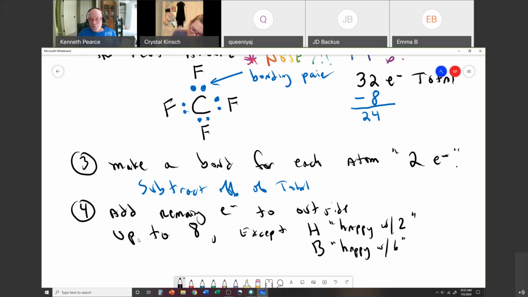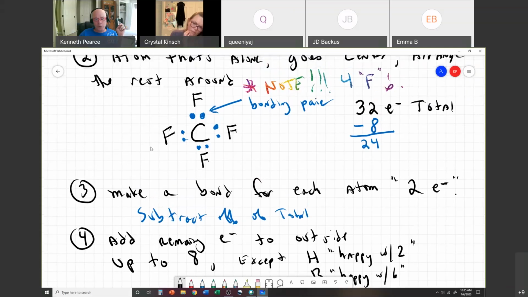Okay. We want to put up to 8 on the outside, except for hydrogen, which will be happy with 2, and boron, which will be happy with 6. Okay. So we're going to do that up here.